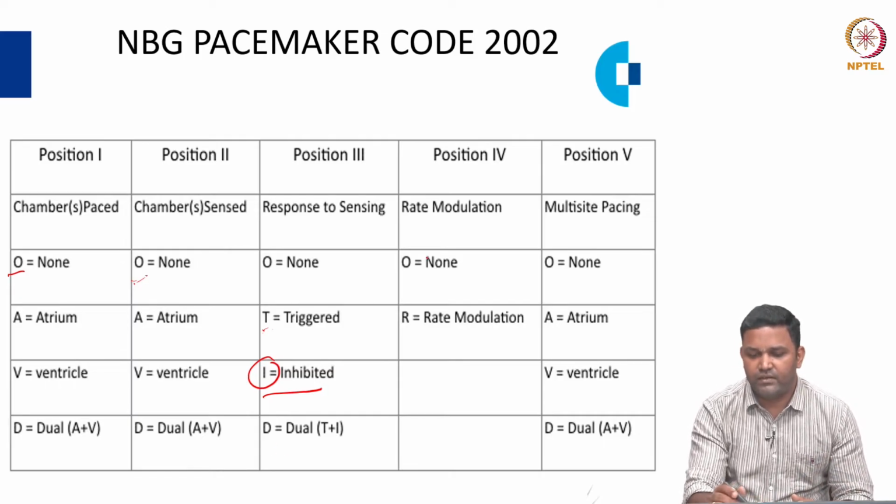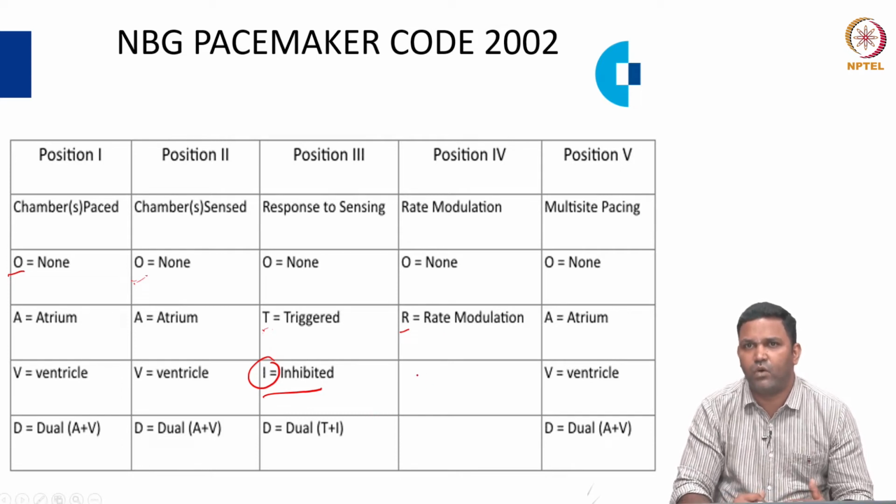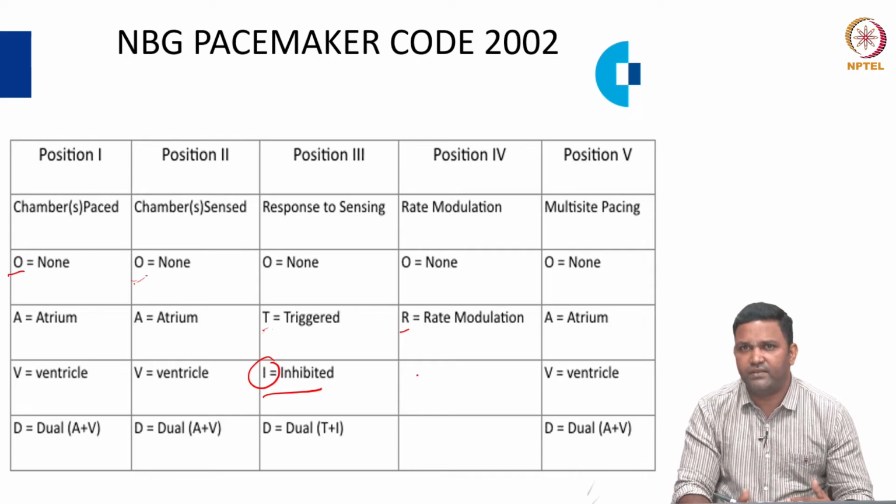And the last letter, the fourth, will be the rate modulation. It will either be 0 or R. R means it can rate modulate. That means the heart rate can increase or decrease with the patient's exercise. So the patient will be comfortable when he walks, his heart rate will increase and the pacemaker also will support that.